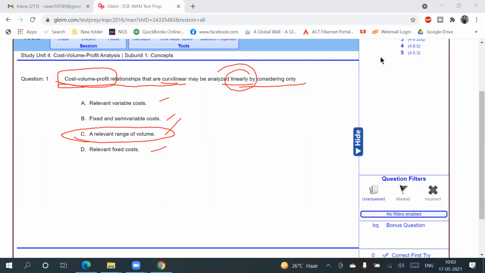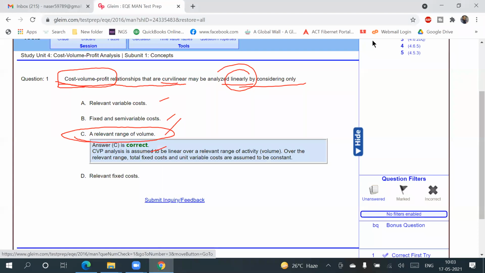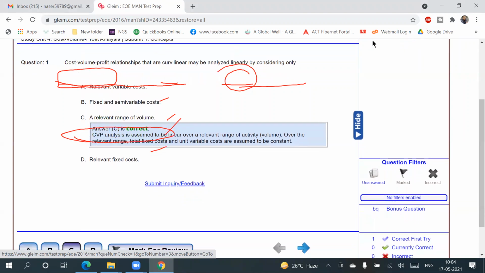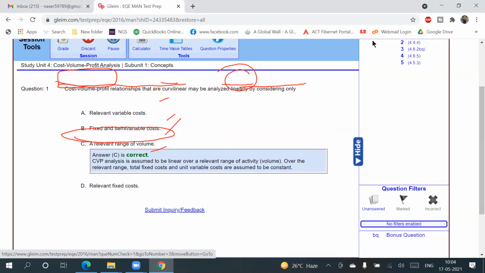Let's consider this and see whether this is the answer. Yep, this is the right answer. CVP analysis is assumed to be linear over the relevant range of activity volume. Over the relevant range, total fixed cost and total variable costs are assumed to be constant. I hope you answered this right.